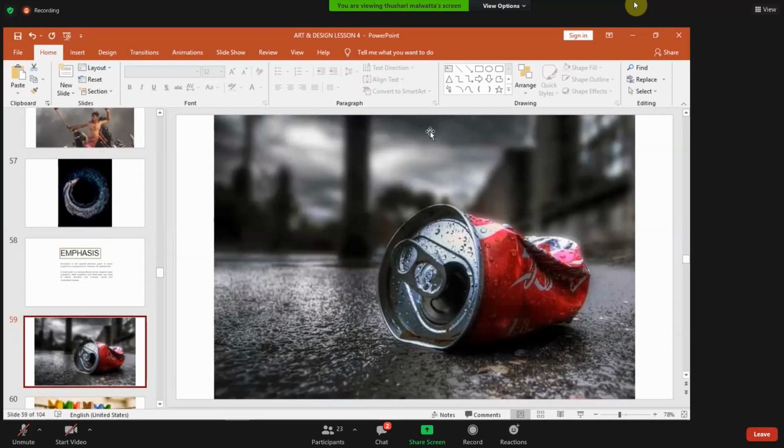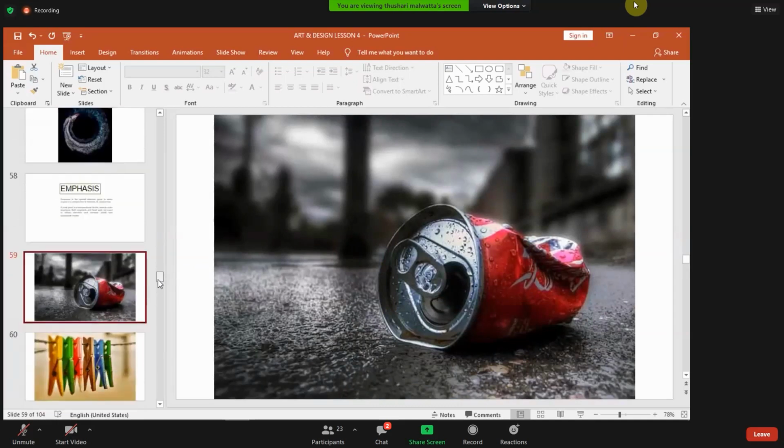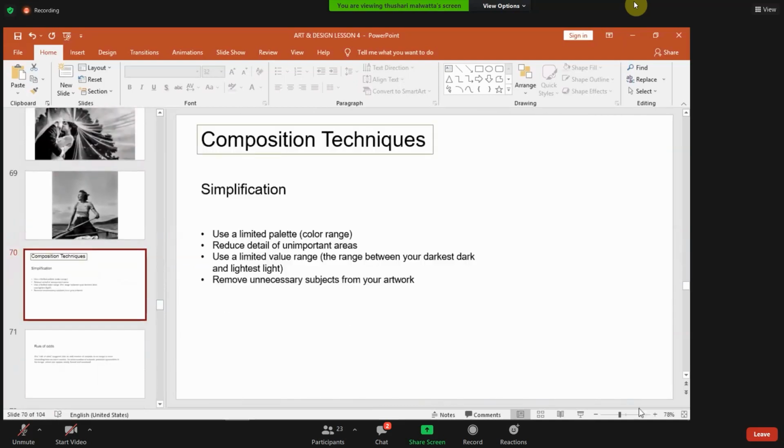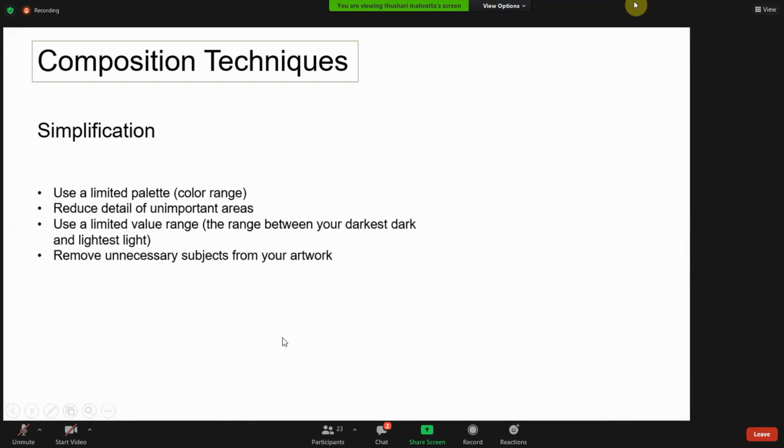We don't see much color in the background. Likewise, use a limited palette, reduce detail of unimportant areas. If you are taking a photograph, you can keep the background or the unwanted area out of focus.